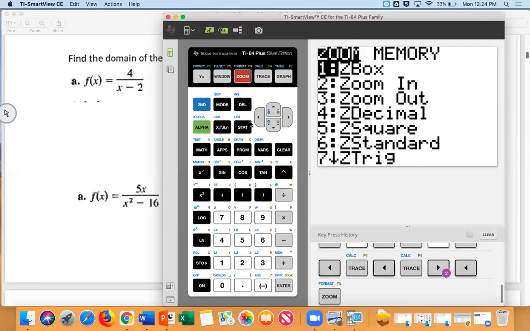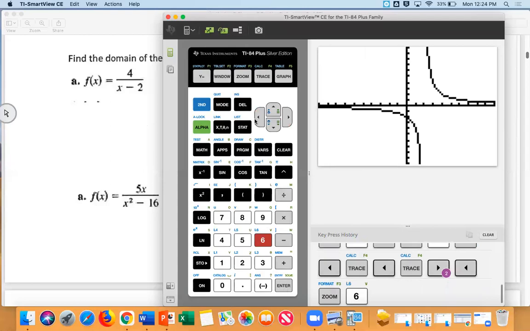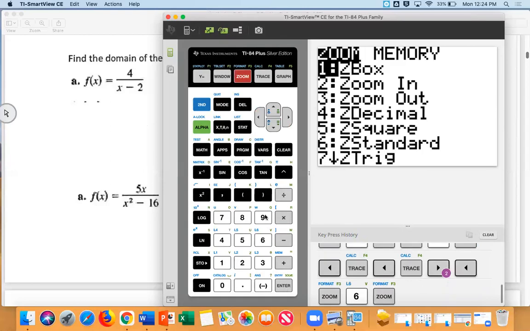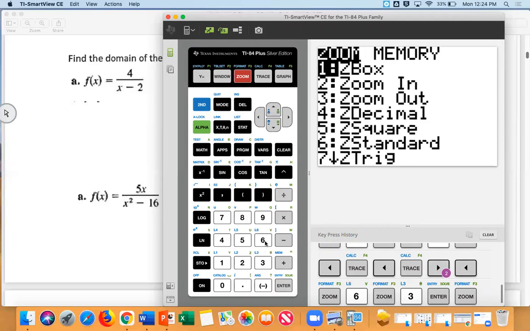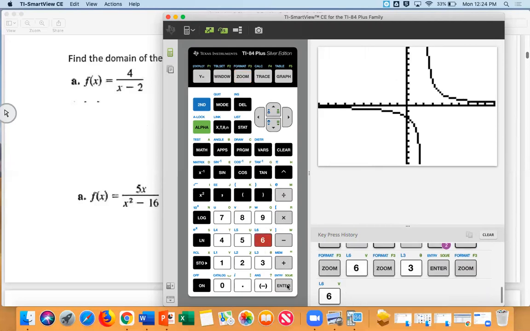I'm trying to get a better one. Nope, it's not going to do it for me. But do you see how the graph never touches the y or the x-axis and it never touches that vertical line? All right, let's talk about this.